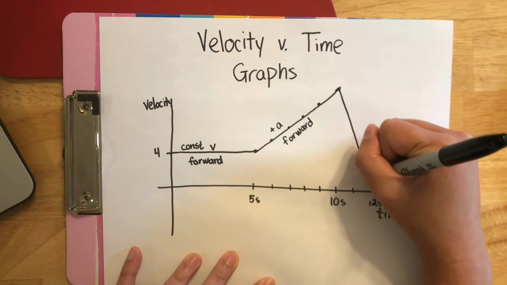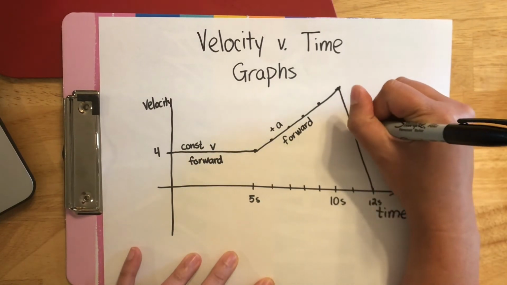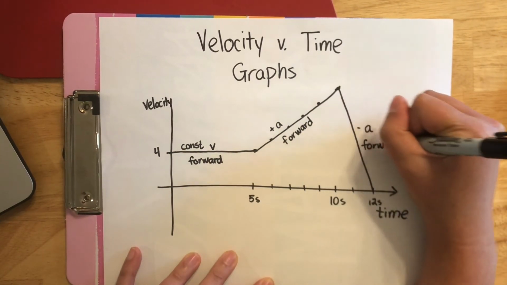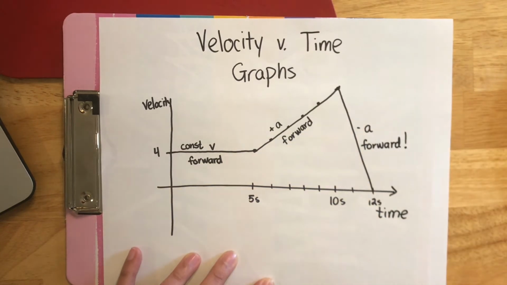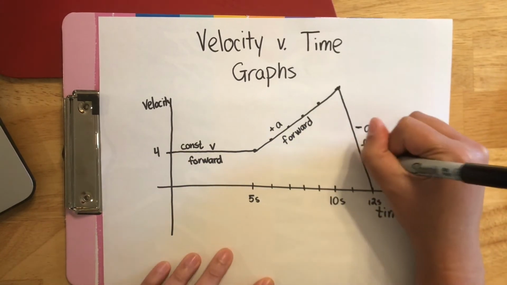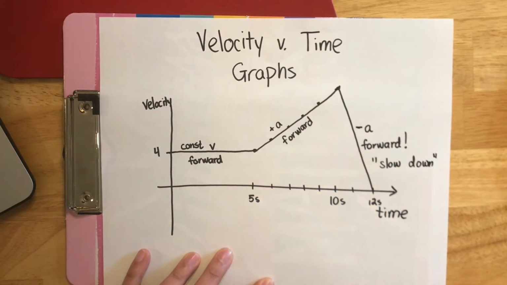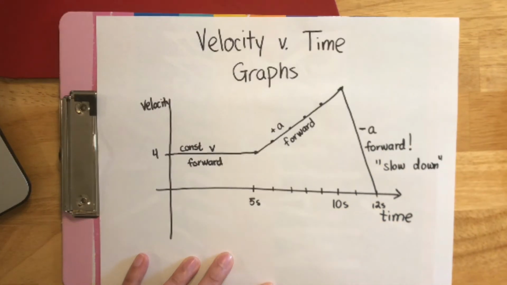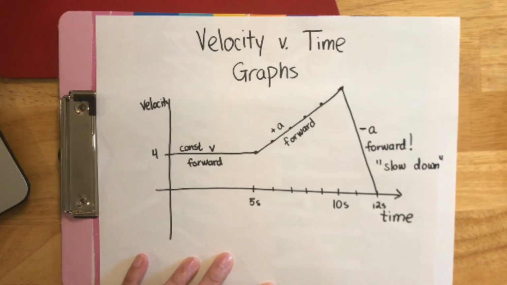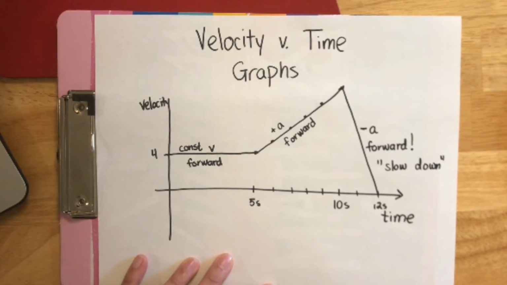But let's say that it comes to a very quick stop. At 12 seconds, it stopped because the velocity at 12 is 0. During that 2-second interval from 10 to 12, the acceleration is negative, but I want to point out that a negative slope does not mean you're moving backward in this type of graph.